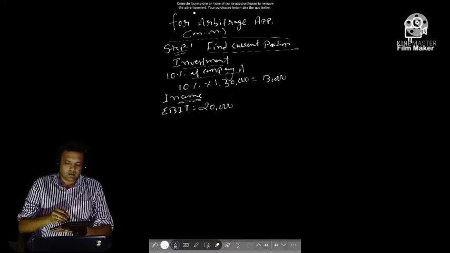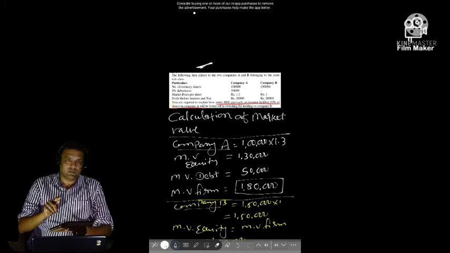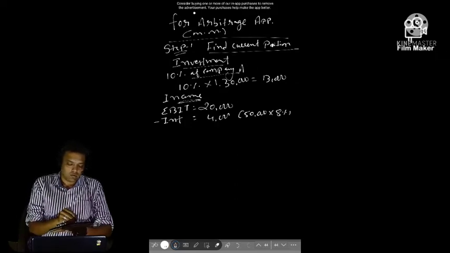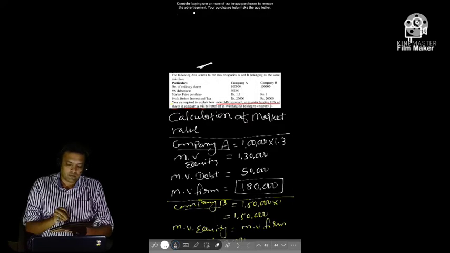Right. Also in step 1 we are finding what? One is investment and the second is to find out the current income. So if I am the owner of 10% of equity, I'll be getting 10% of income also. So first I need to find out what would be the income of the equity holder of company A. So EBIT is 20,000.